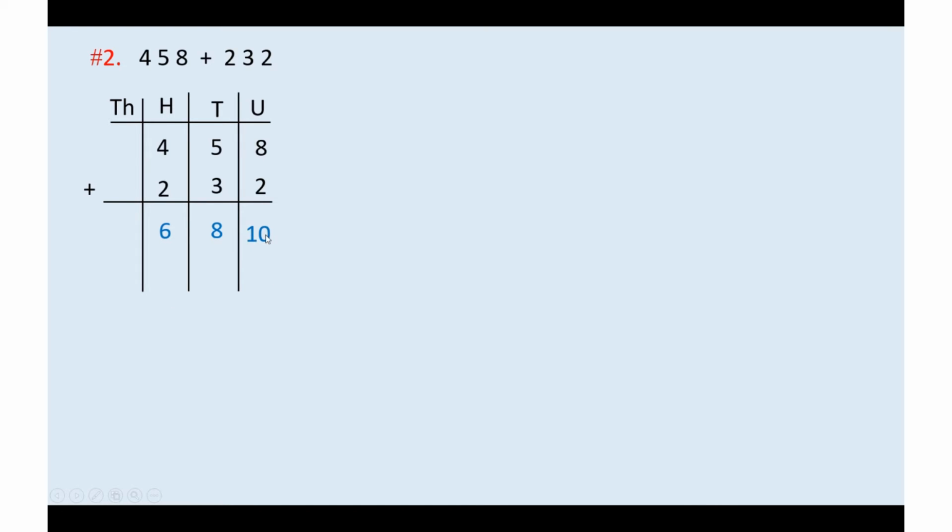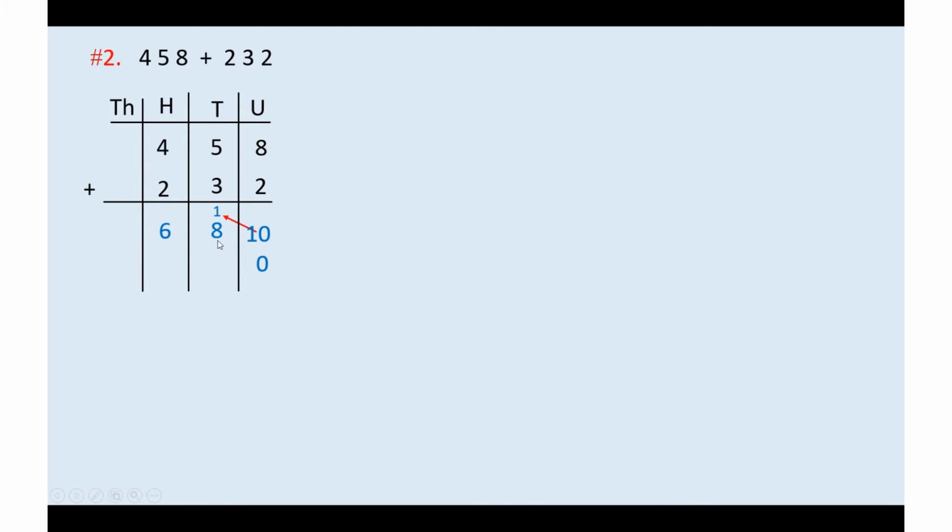Here, we don't have to write 2 digits at the same place. 10 is one bundle of 10 and no units. We just have to keep the units here. So we keep 0 units, and we carry the 1 ten to the tens column.